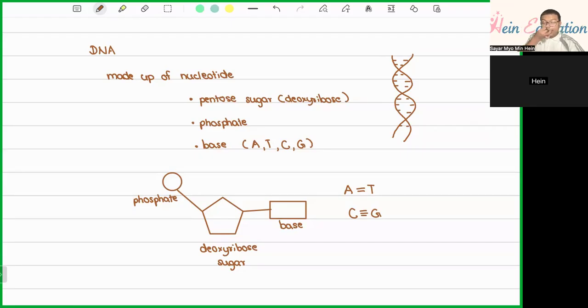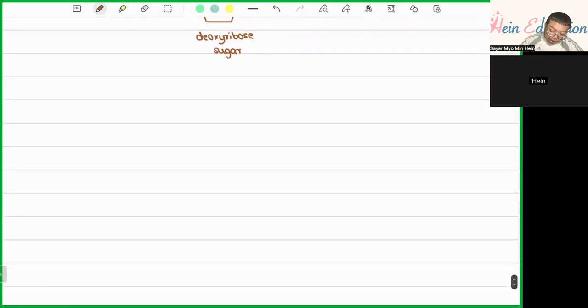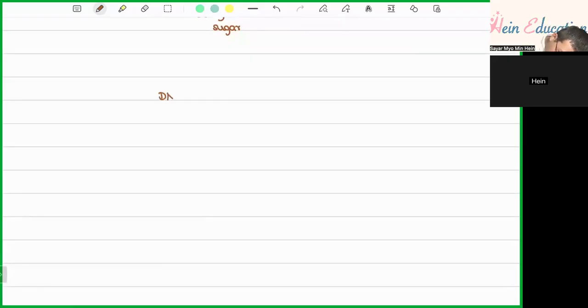For RNA, it is also made up of nucleotides, but they are not with deoxyribose sugar. They are with ribose sugar. Again, they still have phosphate, but in terms of base, they have uracil instead of thymine. Okay, so let's make a comparison table of DNA and RNA.